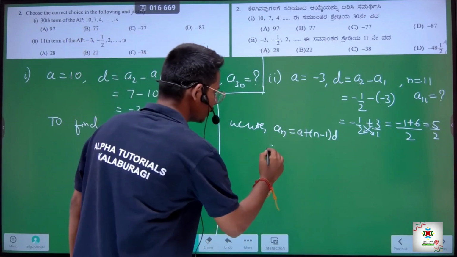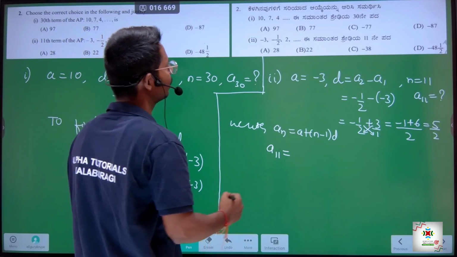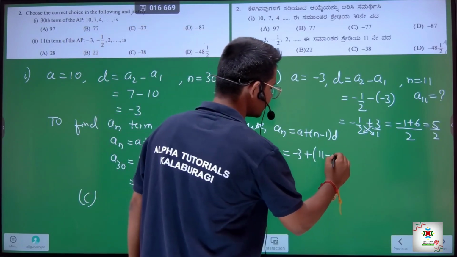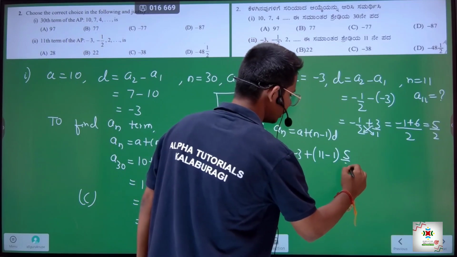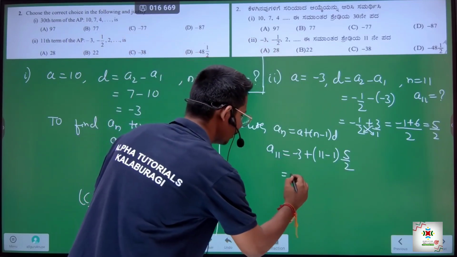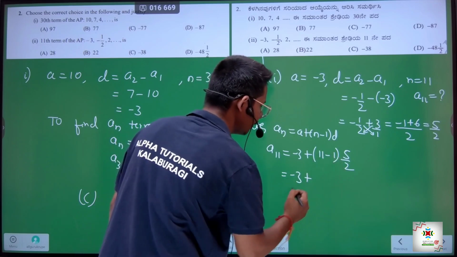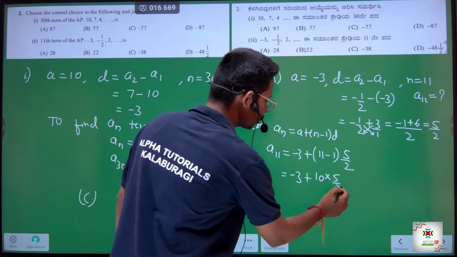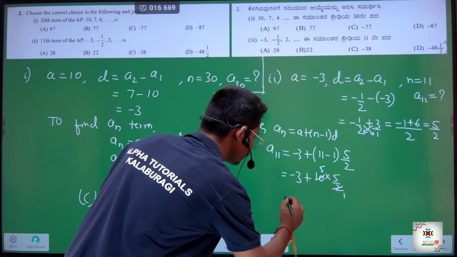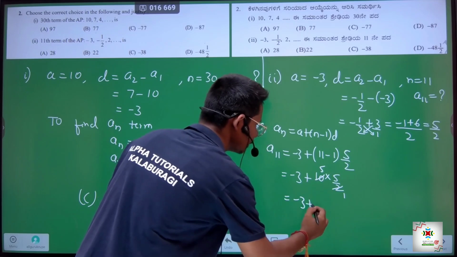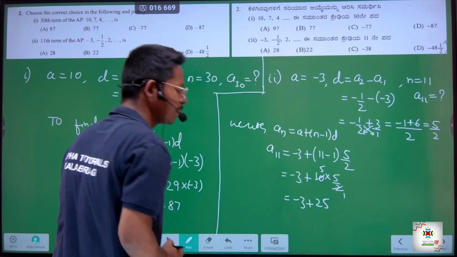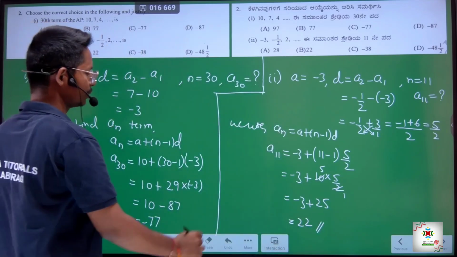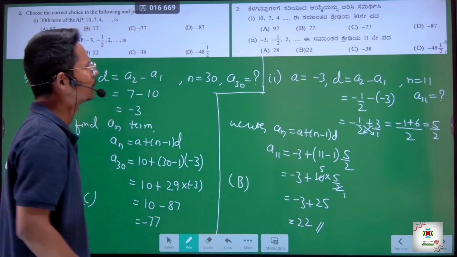So a11 equal to a value minus 3 plus n value 11 minus 1, d value 5 by 2, isn't it? Now minus 3 plus 10 into 5 by 2. 2 times 5 is 10, so 2 ones are 2 and 5 times 5 is 25. So minus 3 plus 25 is going to be 22. 22, option B.